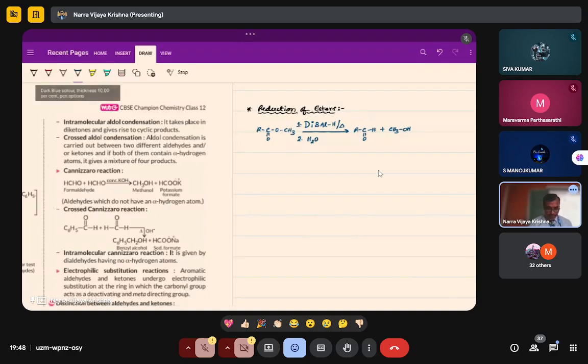The same ester, RCOOCH3, if I reduce by using sodium in presence of ethyl alcohol, then it will convert into RCH2OH, and that also converts to ethanol. Then we call this Bouveault-Blanc reduction.